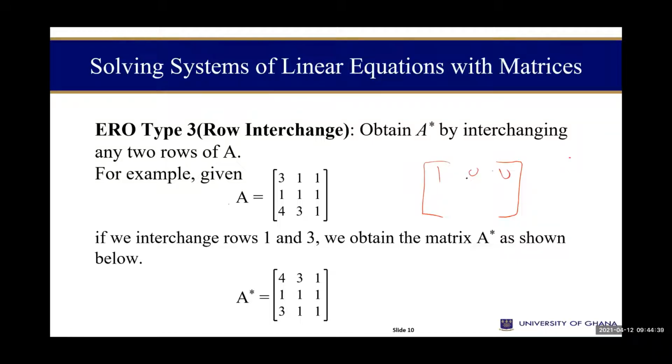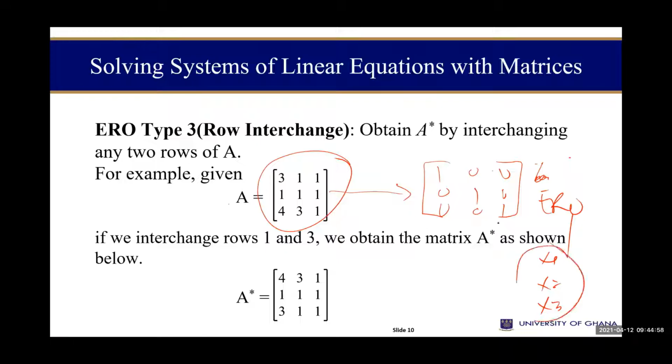So this is going to be 1, 0, 0, 0, 1, 0, 0, 0, 1. So we are transforming the whole of this into an identity matrix. That is why we are using the row operations to find the decision variables x1, x2, and x3. That's all that the Gauss-Jordan method approach suggests for us to be able to convert a given matrix into an identity form.